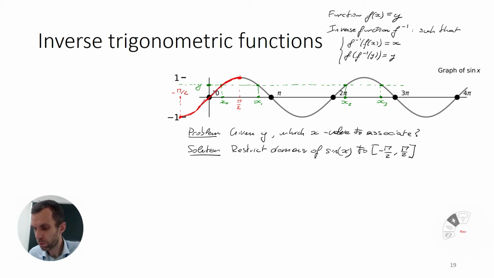Now if you look at this part of the graph, given a y, there's always one unique x value that corresponds to that y if you go in this direction. In this case, it's this x value right here.